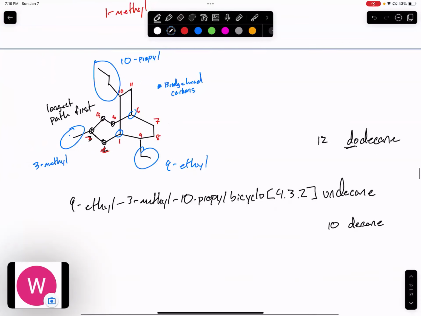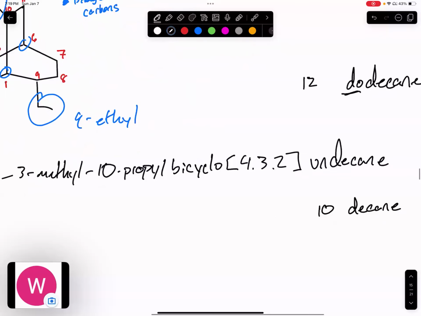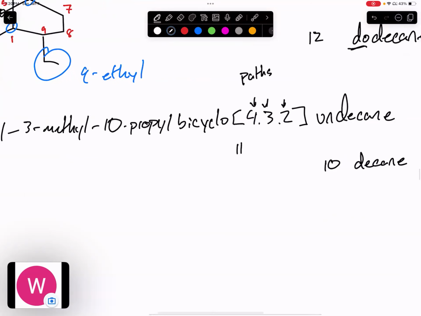I understand everything, but the only part that I don't get is when you write the bicyclo and then the brackets with 4, 3, 2. Can you just explain that one more time? Sure. So these 4, 3, 2s represent the paths. It's the number of carbons in the path.